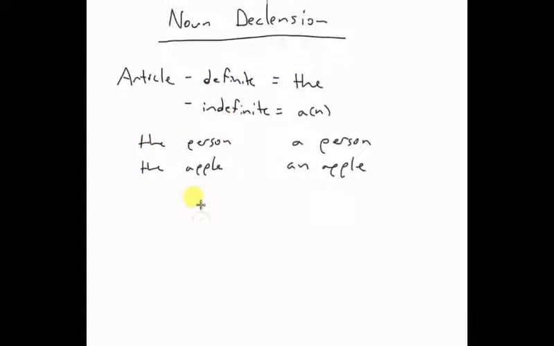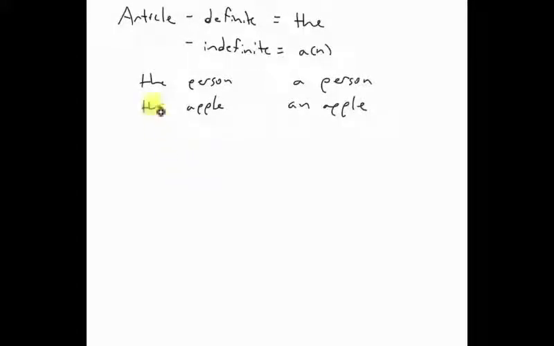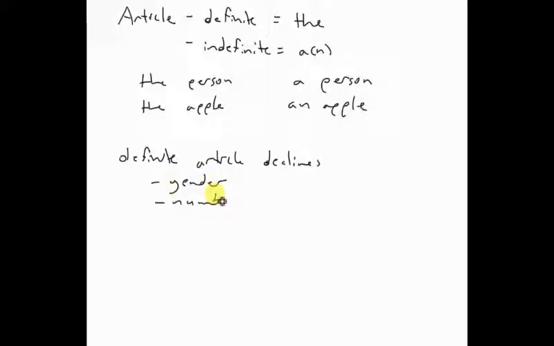In Greek, the article is also declined. So I'll just say definite article. The definite article declines, and it declines according to gender, number, and case.